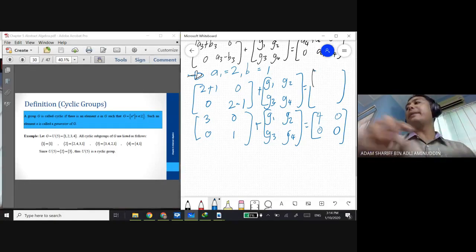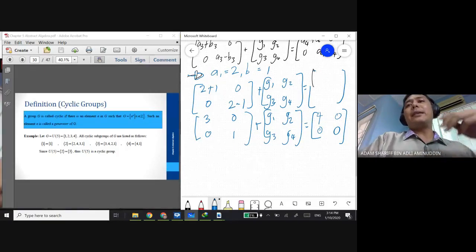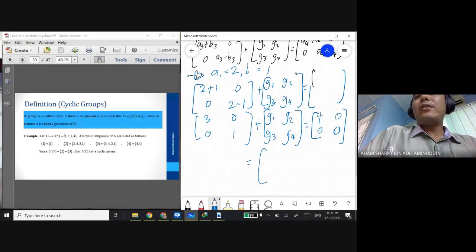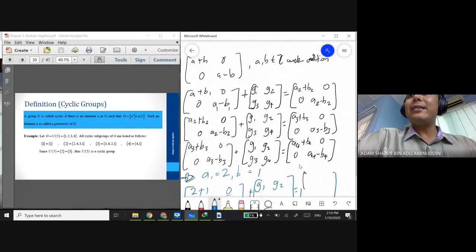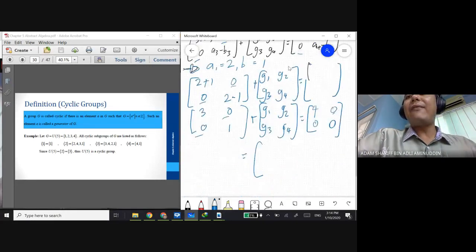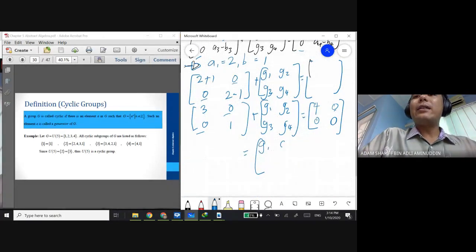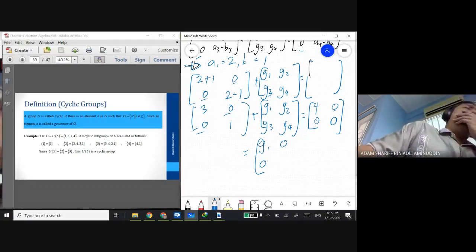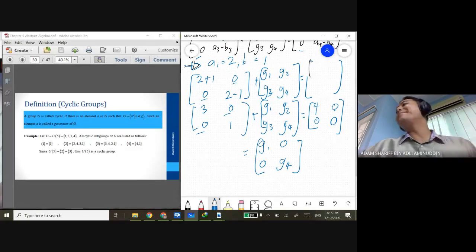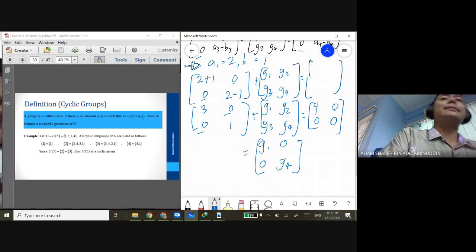This question is a little bit hard, I agree. But the idea right now is just to know what is G1, G2, G3, and G4. Perhaps you can see that this 0 never changed, right? From the previous iteration here, you can see the 0 stays 0. I happen to hypothesize that this is 0, G3 is 0, and this is G4. At least you have that idea.